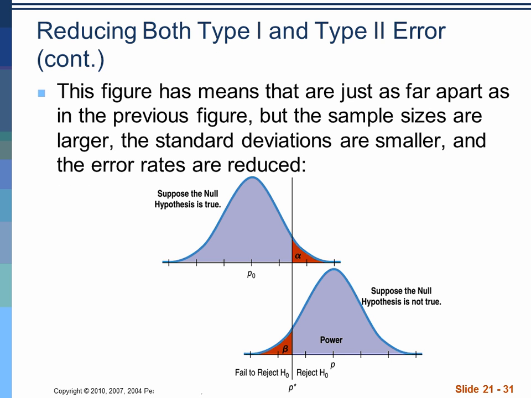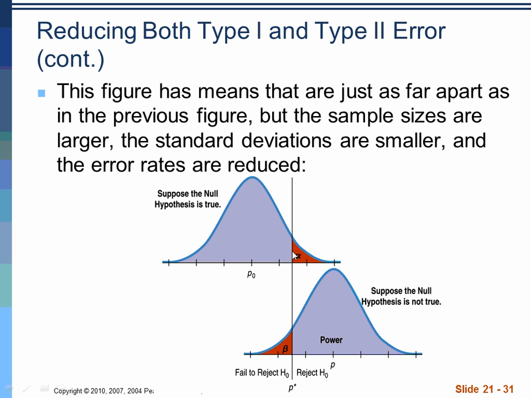So again, if we make them narrow, notice our normal model is kind of squished together here. This figure has means that are just as far apart as the previous figure, but the sample sizes are larger. The standard deviations are smaller, and the error rates are reduced.